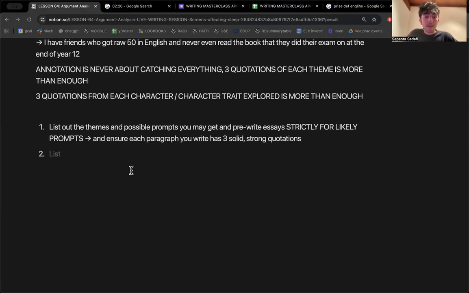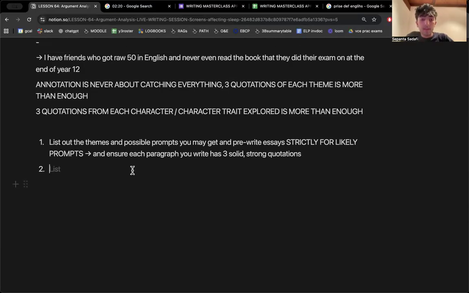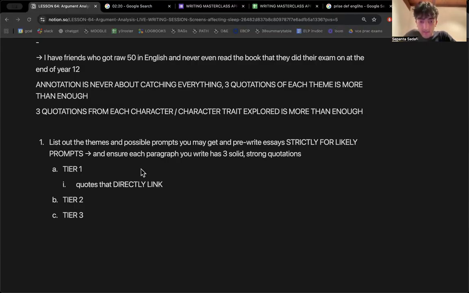Okay? Now, don't repeat yourself in your annotations as well. So, we're going to split this into tiers. You can have tier one, tier two, and tier three. Tier one quotes. These are quotes that directly link to the big themes, the huge themes, okay, that you know are accessible.